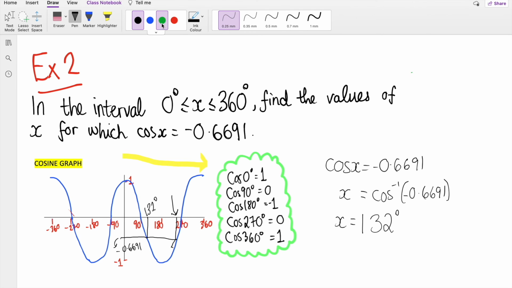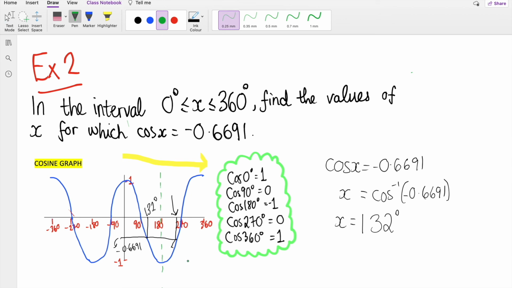And the graph here is symmetrical. So the distance from 90 to 132 is the same as from 270 to this arrow here. The difference between 90 and 132 degrees is 42 degrees.